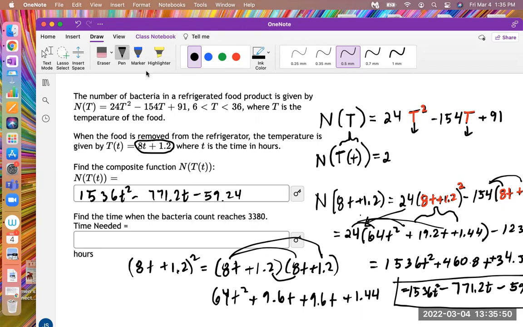So we do need to plug into this given function that we just found. Be very careful. We are plugging in for what I would refer to as the y coordinate, the output value, not the input value. So 3380 goes into this function that we have. You plug in a time for t, and this function spits out a number of bacteria.